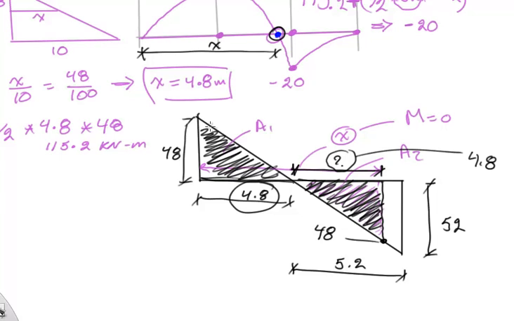Okay, one more time. The area of this triangle should equal a certain area of another triangle here. The base of this triangle is 4.8.